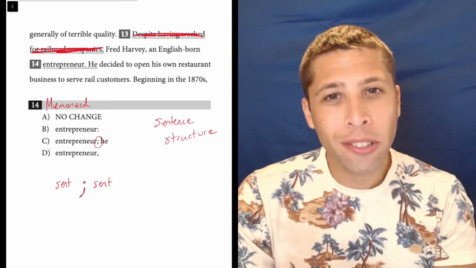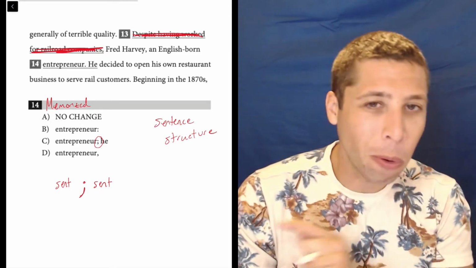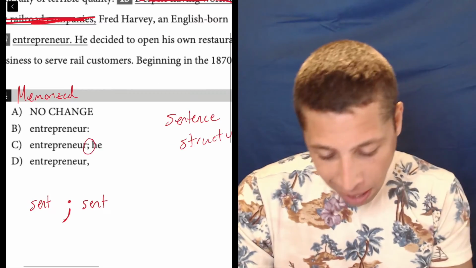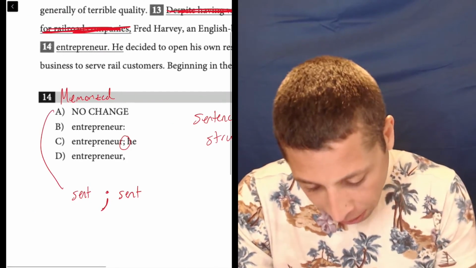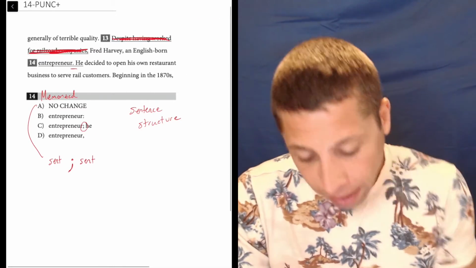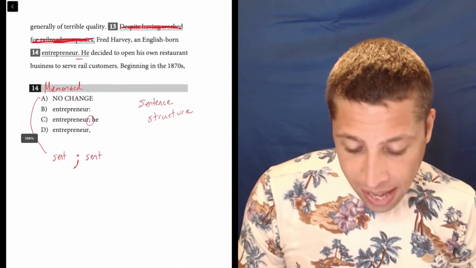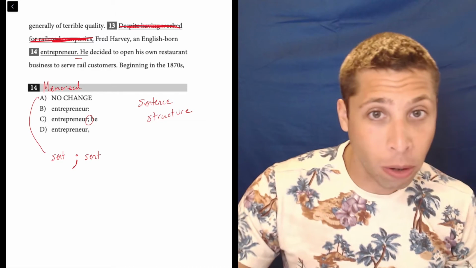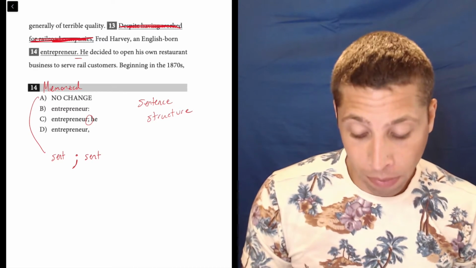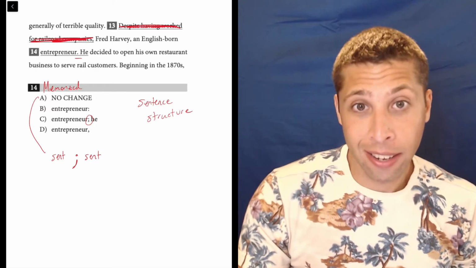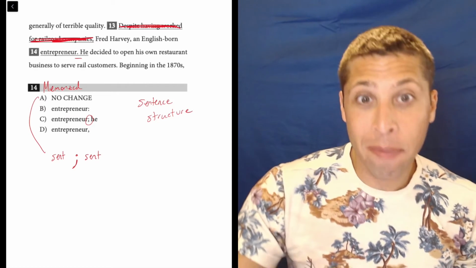You know what else needs a complete sentence before and after the punctuation mark? A period. Ooh, a period. And that's what choice A is, right? It's the same exact thing. Words are the same. The only difference is that we've replaced the period with a semicolon and we've gotten rid of the capital letter. A and C are the exact same thing.